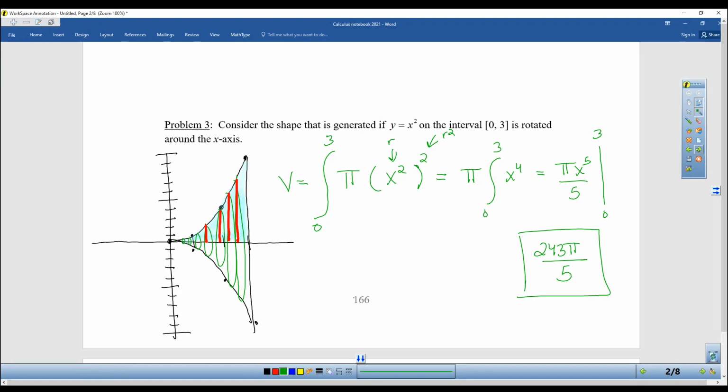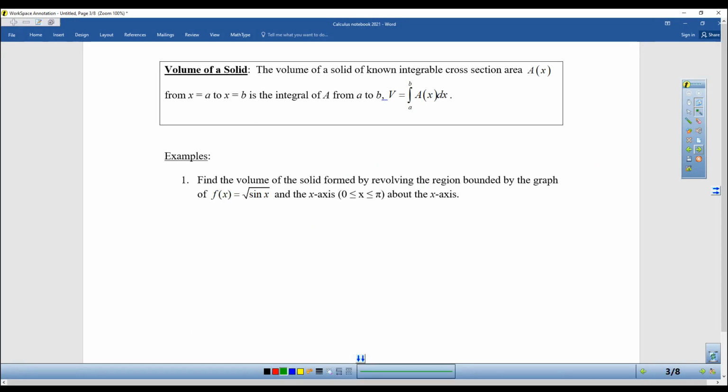So let's go ahead and show you the formula that you would see in a book, which is the volume of a solid of a known integrable cross-section, which means you're able to take the integral, of a known integrable cross-section area A of x from A to B is the integral of A from A to B. Volume is equal to the integral from A to B of A of x.